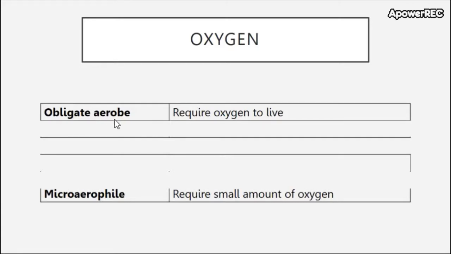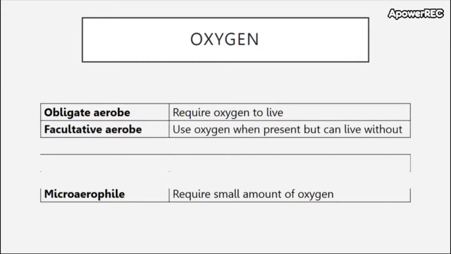Obligate aerobes, also known as strict aerobes, are required to have oxygen present in order to survive. An example of an obligate aerobe are you and I, which demand atmospheric levels of oxygen in order to complete our cellular processes, such as aerobic respiration.